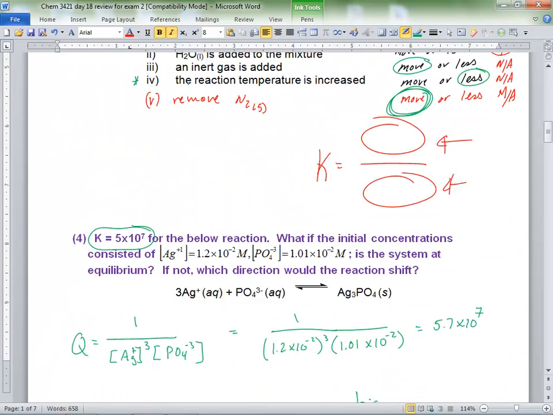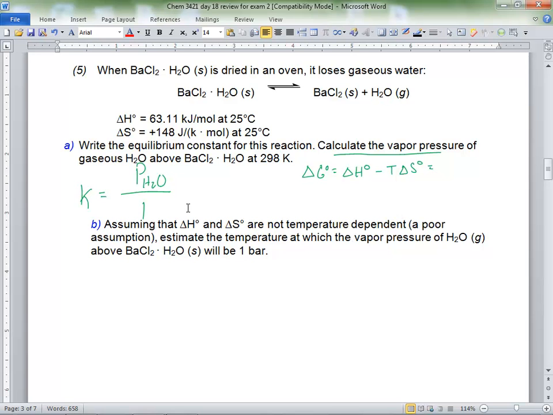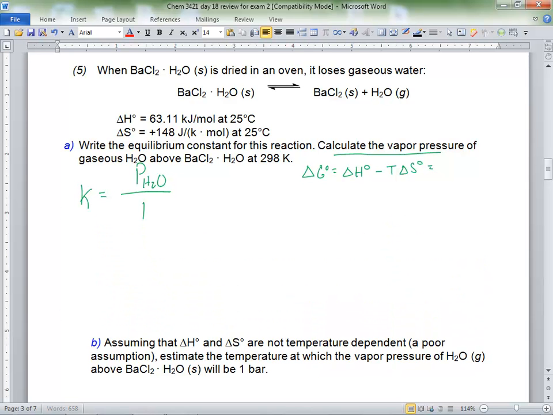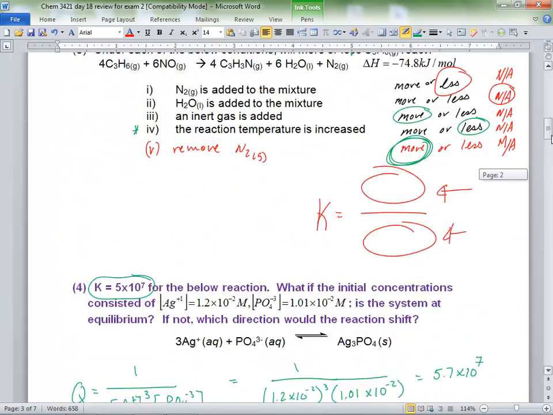So go all the way back down where we're at. And we had, shoot, I forgot the other one already. K is e to the negative delta G over RT.